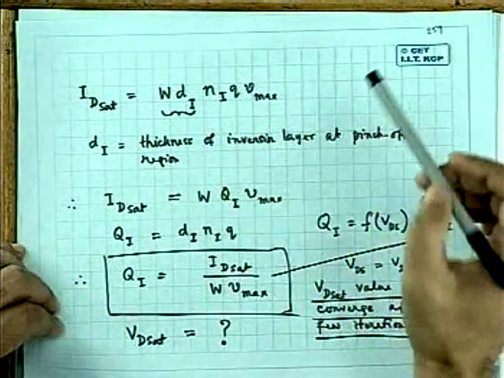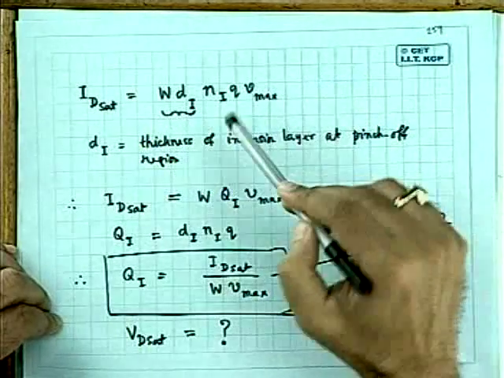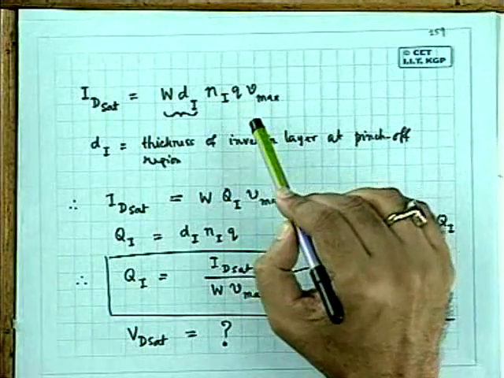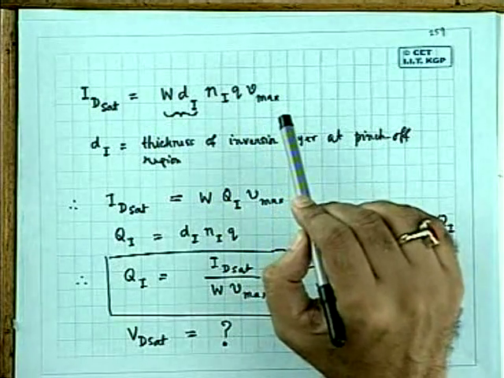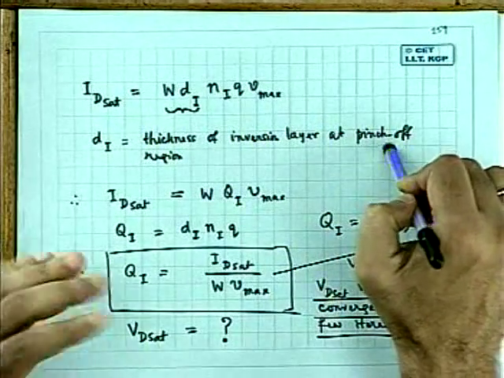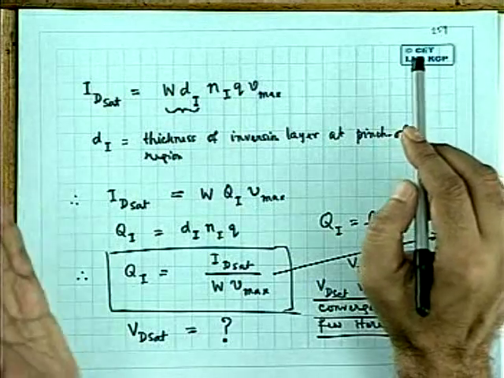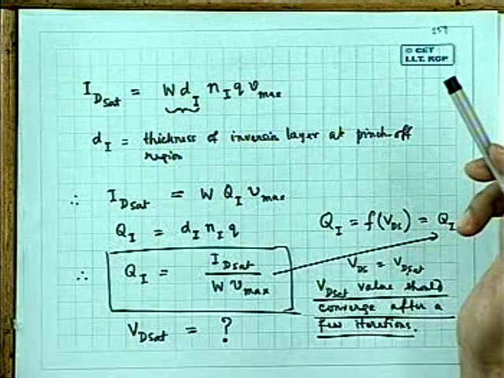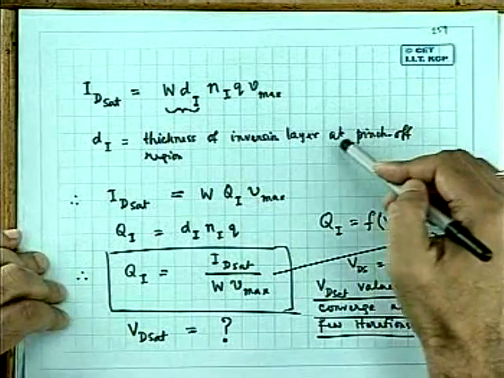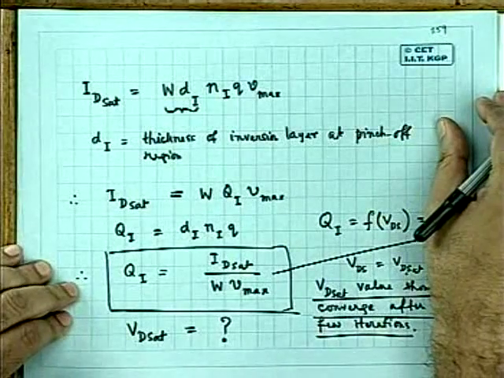So I say the thickness of the inversion layer at the pinch off region, but by this I should not mean a strong inversion layer; it is a very feeble inversion layer at the pinch off. Whereas to the left of pinch off there is strong inversion, and to the right of the pinch off there is the n plus drain region.